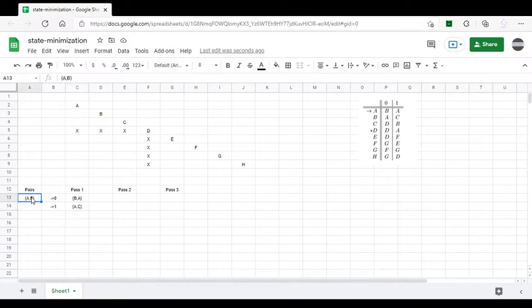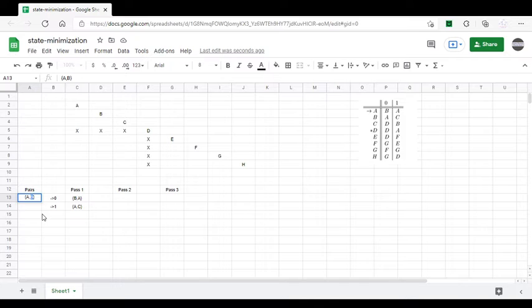Here, AB, I read a 1, it takes me to C. I still need to read 1 for B because B is here. I'm not reading the B here because of what I landed on. I'm just looking at this here. I'm at A, I read a 0, it takes me to B.